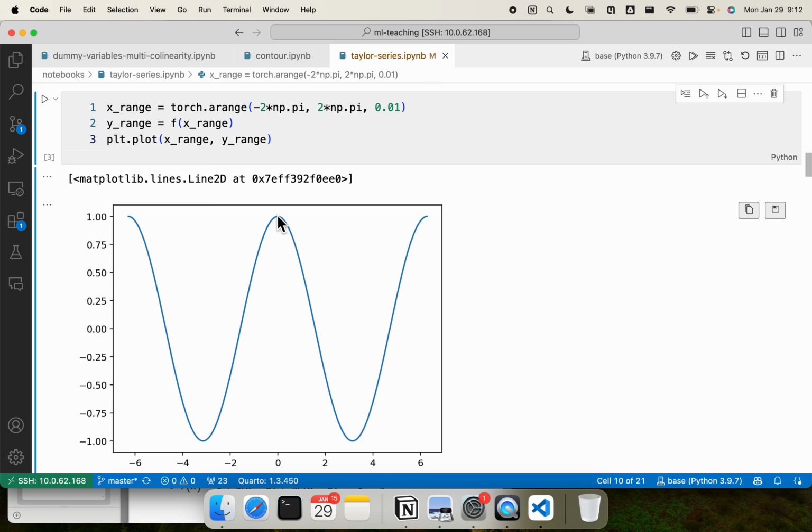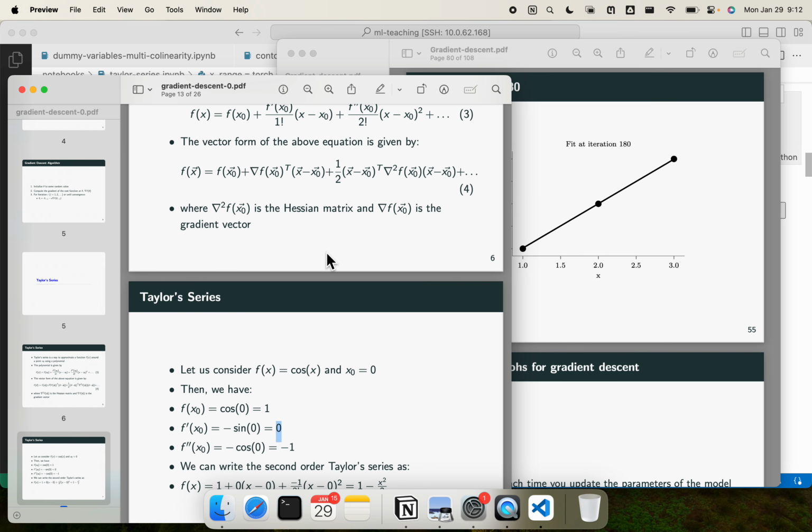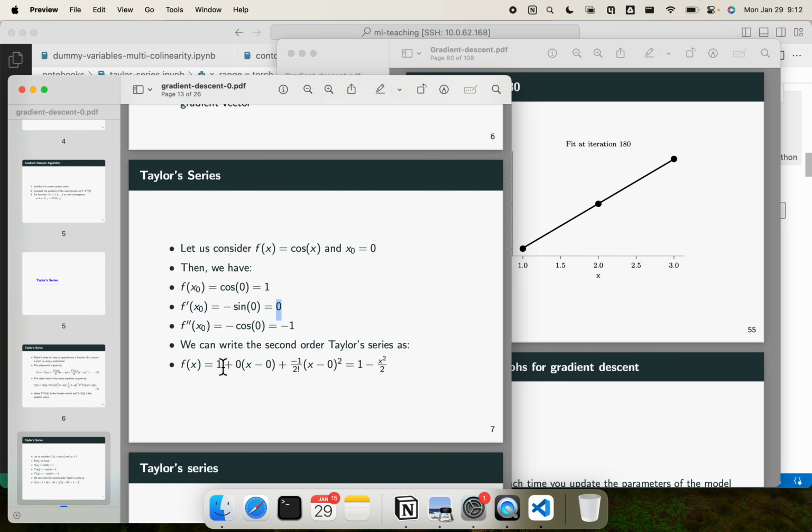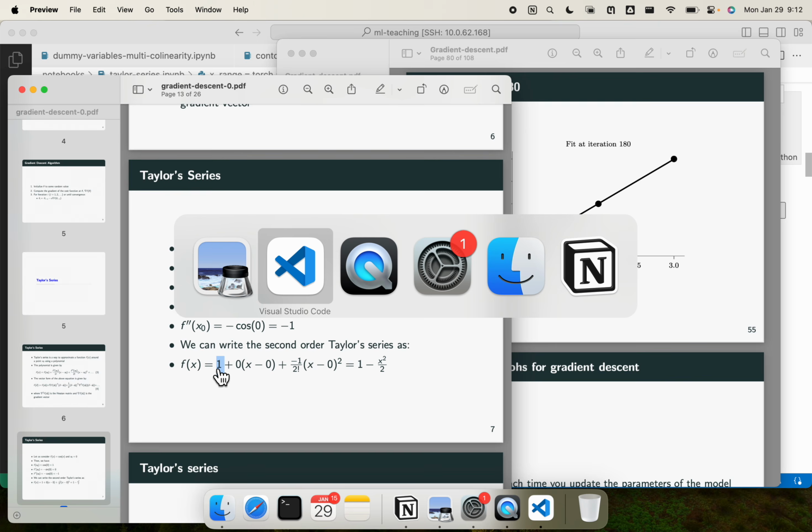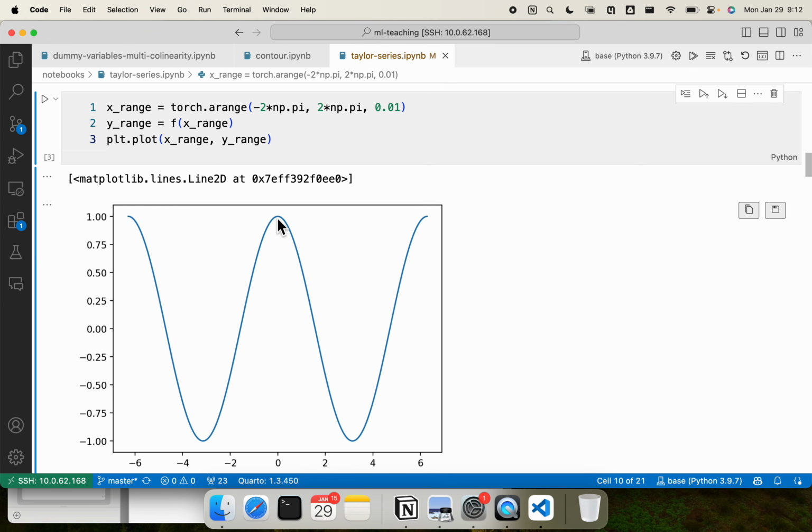We are trying to approximate the function at this value, right. So, if we go back to the slides, if we just consider the first term, what is our approximation? f(x) equal to 1. Is it a bad approximation? If we only look at x naught equal to 0 in the very immediate vicinity of it, it is an okayish approximation.